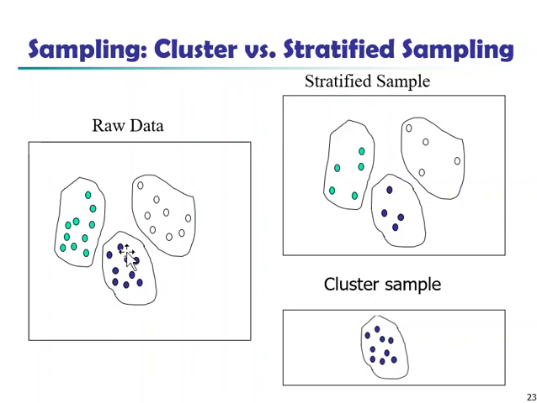So now we're treating every cluster as an observation. We pick one cluster, so in this case we pick the blue cluster. As you can see, the result is very, very different. Here we only have one cluster, out of multiple clusters that have been sampled.